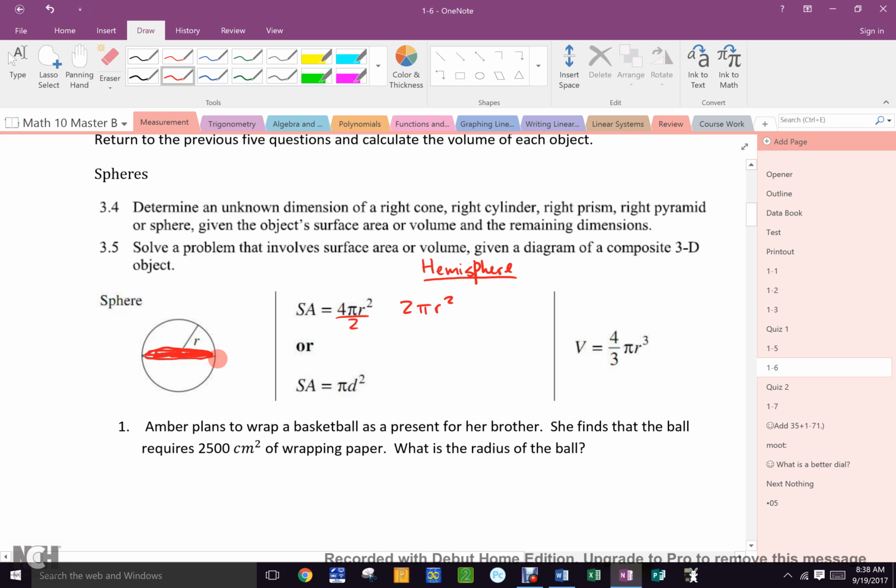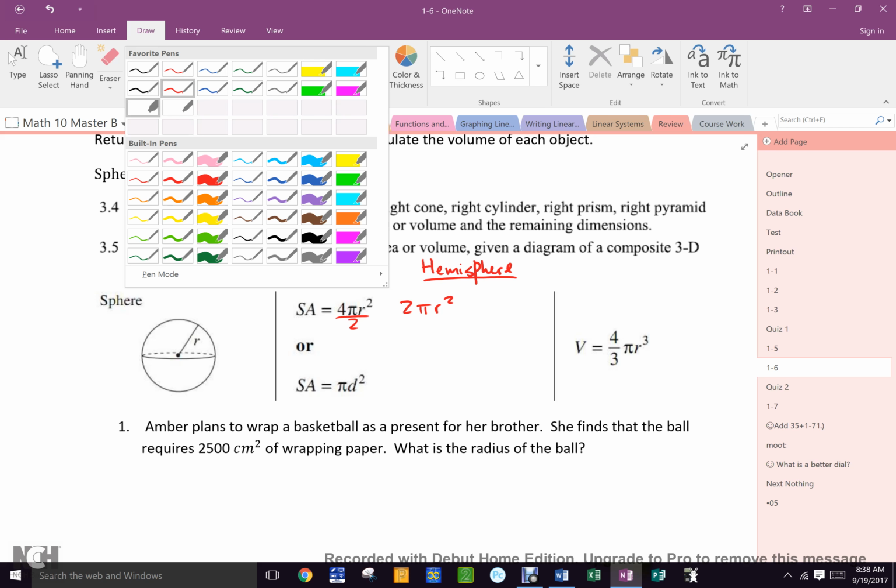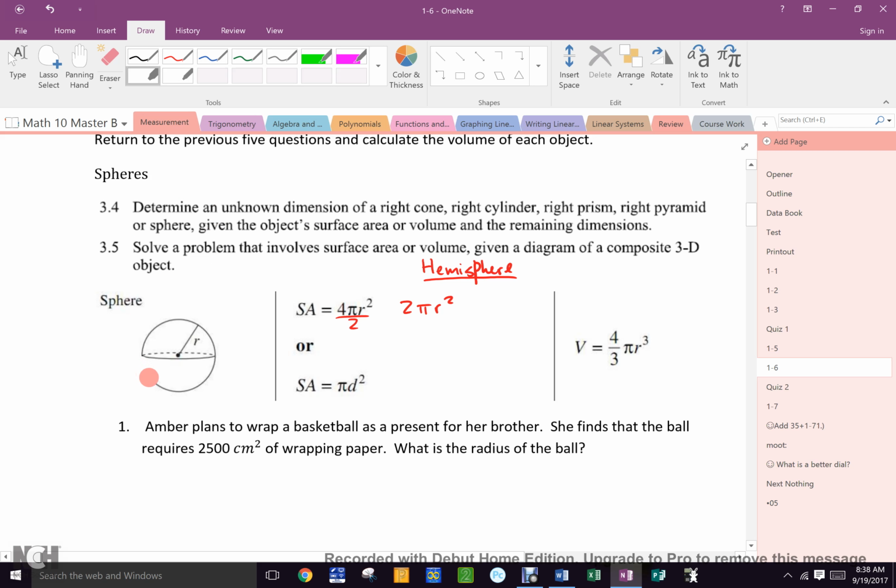I cut it in half, so now this part is gone, right? So this part is the pi r squared, yes?